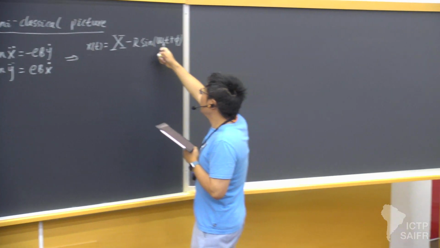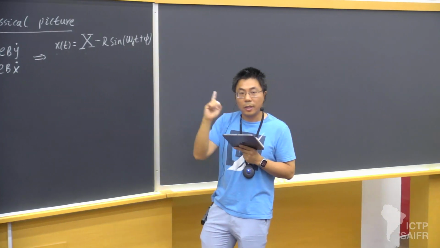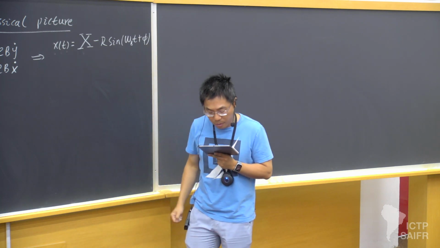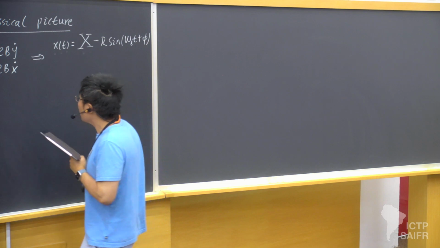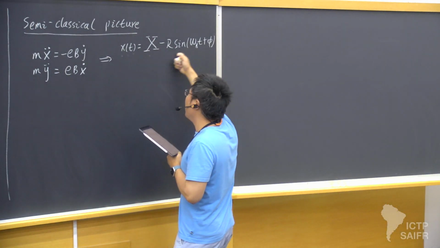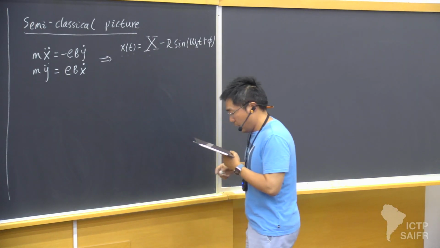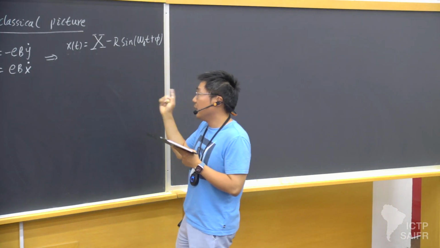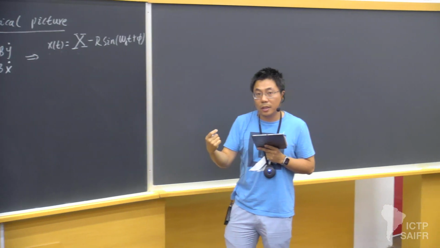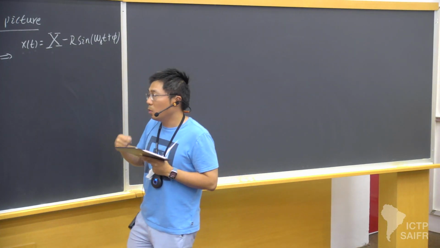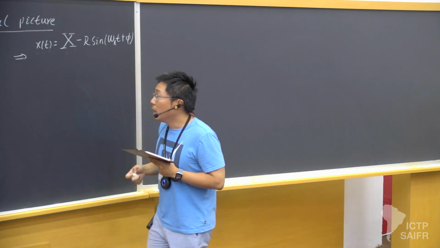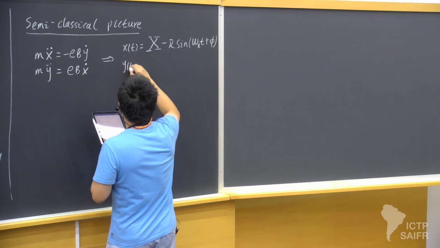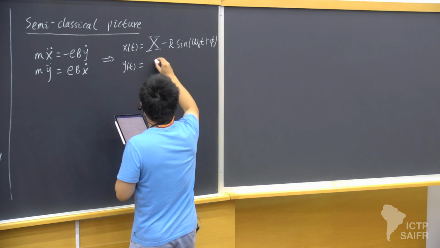And here you see the appearance of this cyclotron gap, which really corresponds to the frequency of this orbiting semi-classically. Capital X, phi, and also r depend on your initial conditions, like where the electron was, and what the initial velocities of the electrons were.